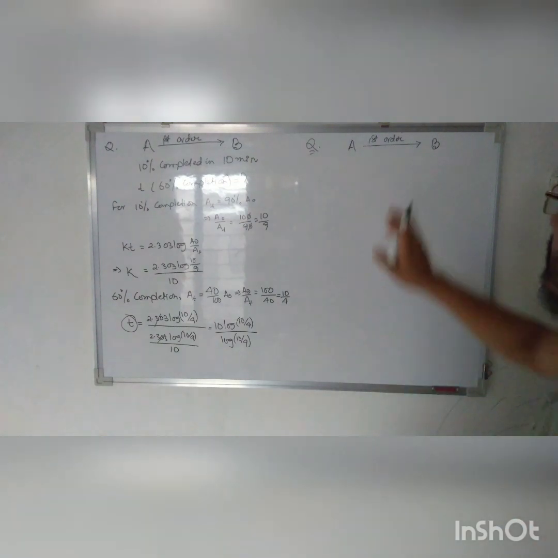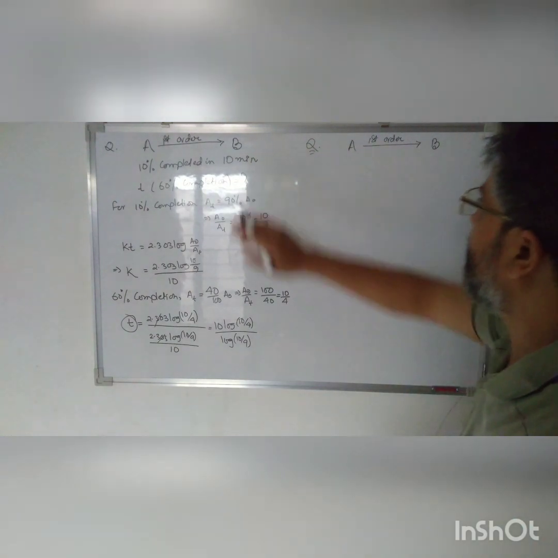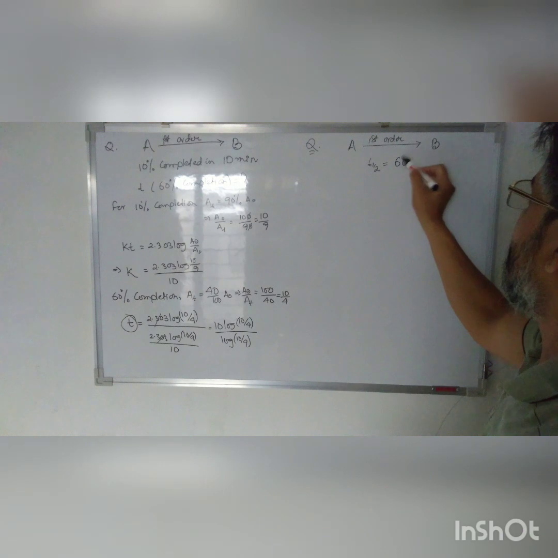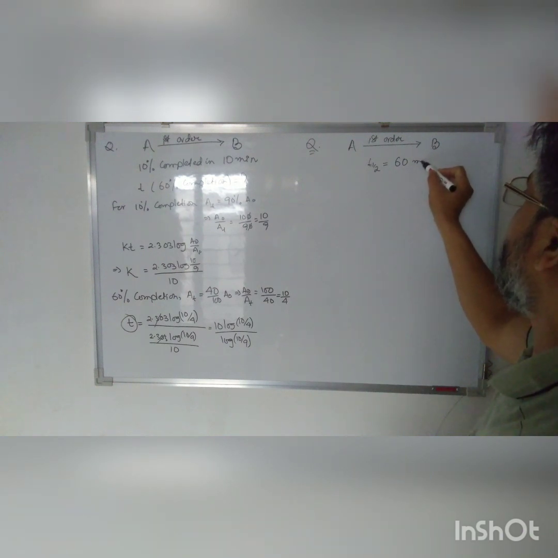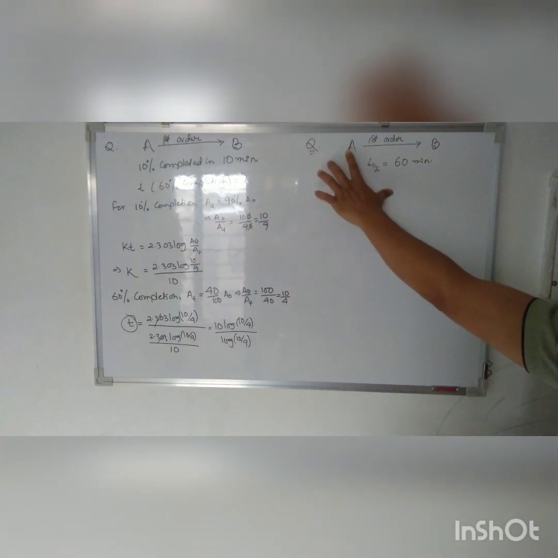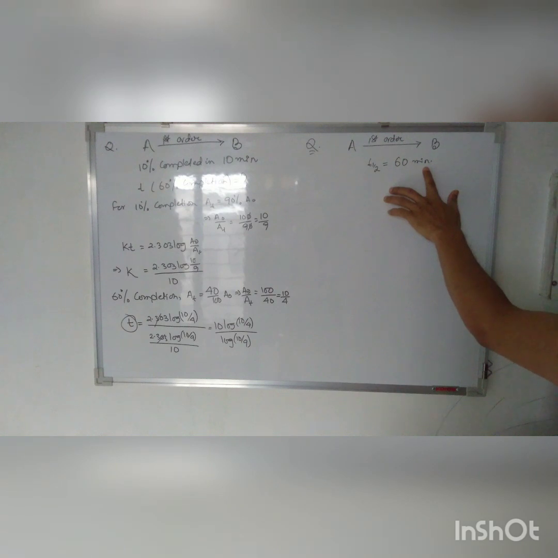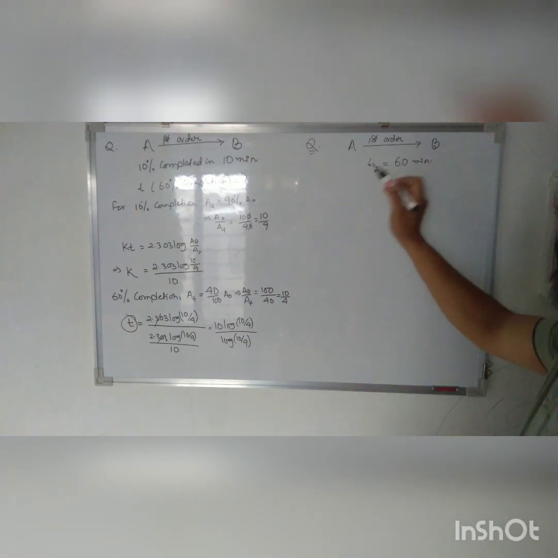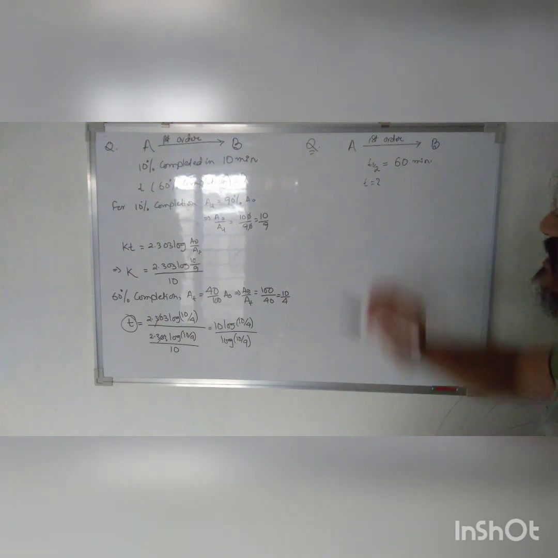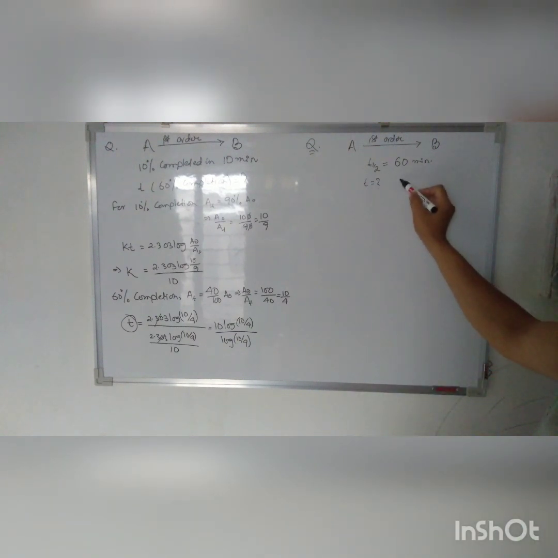For this first order kinetics, let's suppose the half-life t half is 60 minutes. So the question says the half-life of this first order kinetics is 60 minutes. So how much time will it take to complete 60% of the reaction?